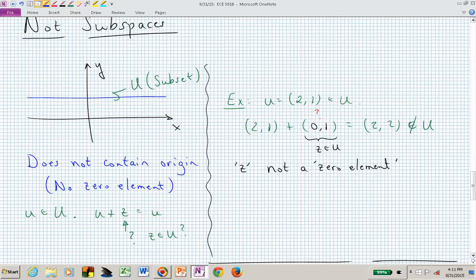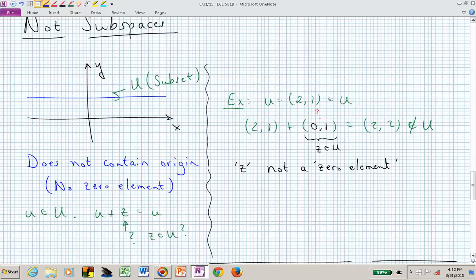For example, if we said, can we find a z that lives in U such that z plus u will give us back u for any u? And you might think, well, let's pick this point. Let's say that this is vertically up 1 unit.